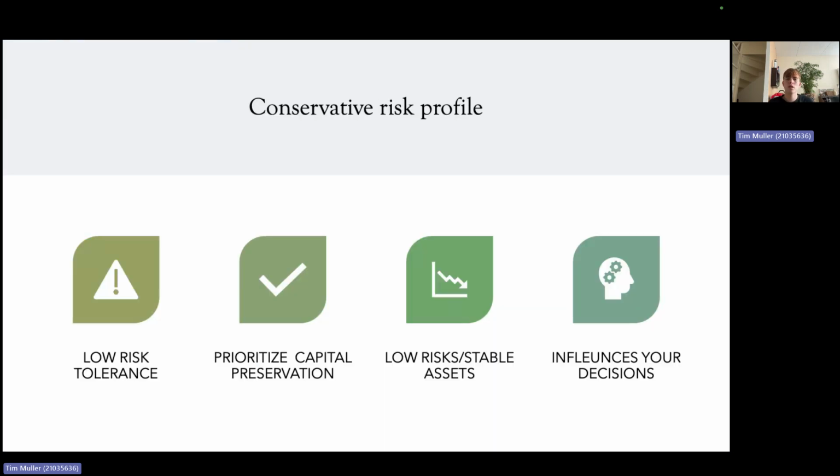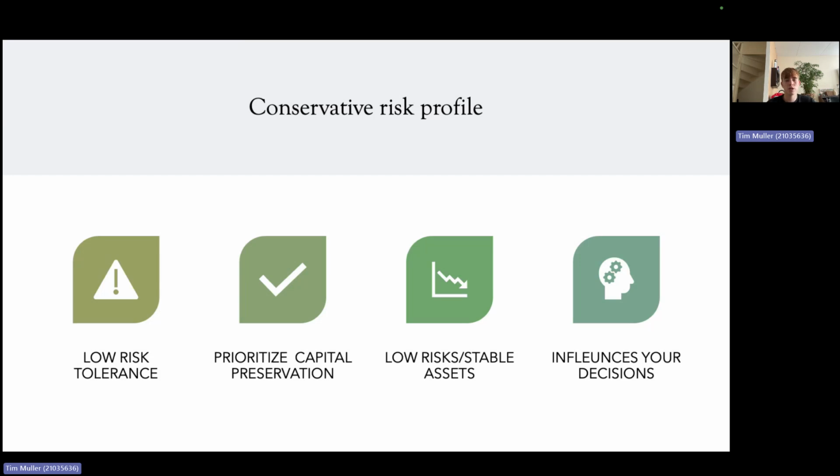A conservative risk profile is when a trader or investor has a low tolerance for risk and prioritizes capital preservation over high returns. This means the person focuses on low-risk, stable assets such as bonds or blue chip stocks, for example.